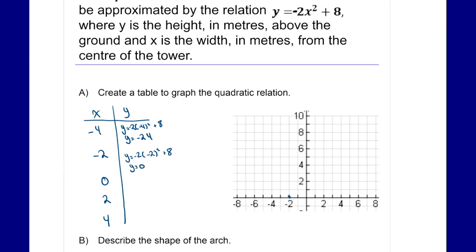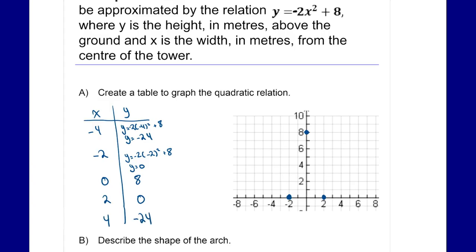So that one I can plot at -2, it is 0. I'm going to plug 0 in, and I'm going to get 8. I'm going to plug +2 in, and I am going to get the same value of 0. And if I plug in +4, I'm going to get the same thing as -4, which is -24.